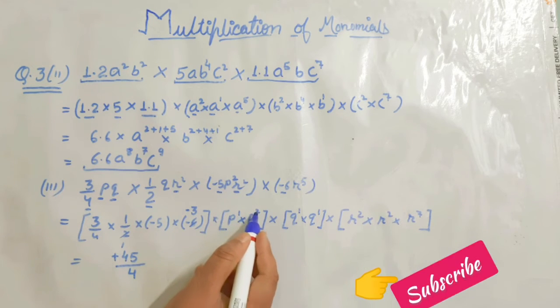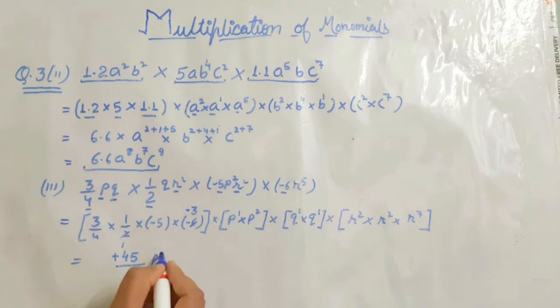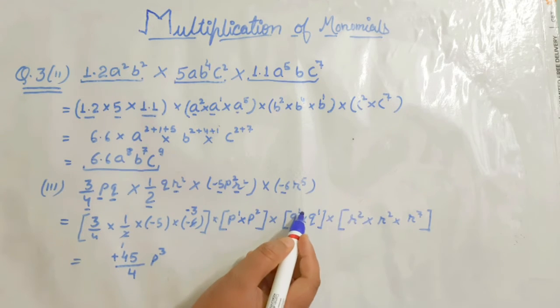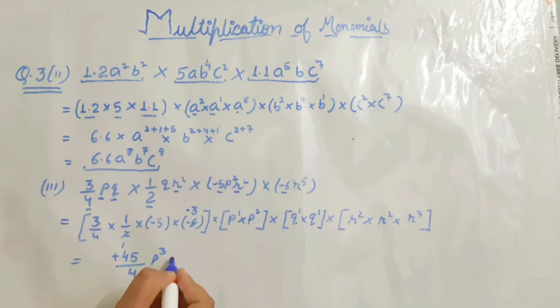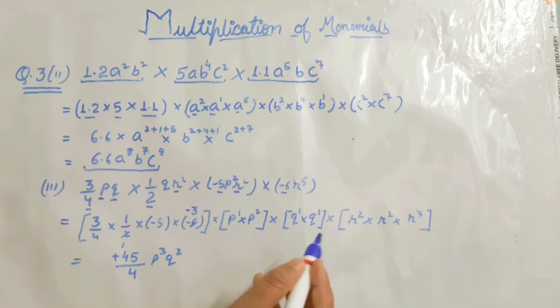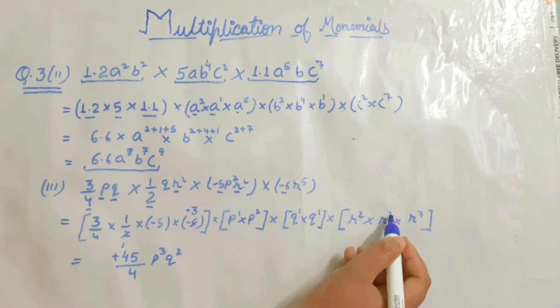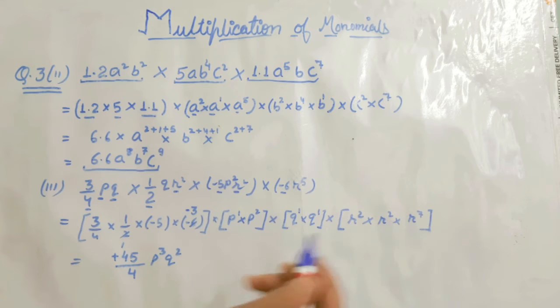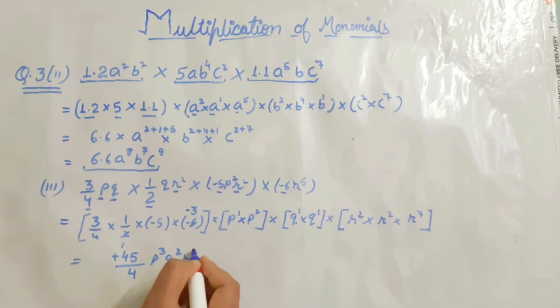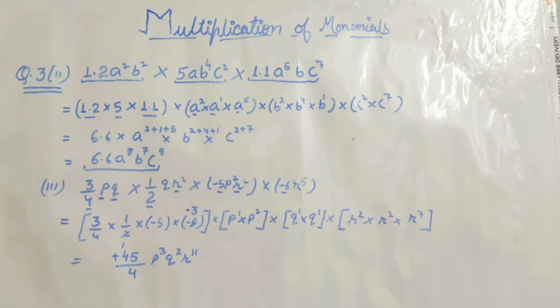Then p raised to power 2 plus 1 will be 3. Then q raised to power 1 plus 1 will be 2. Then r raised to power 2 plus 2, 4 and 4 plus 7, 11, r raised to power 11. This is your required answer.